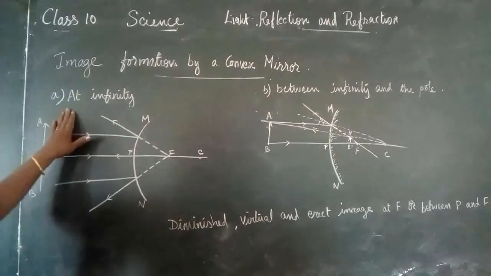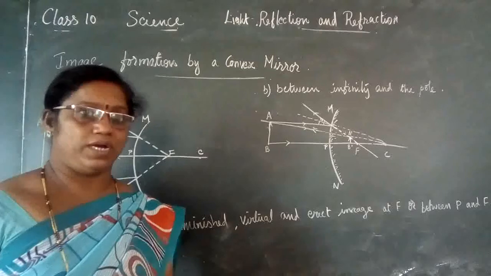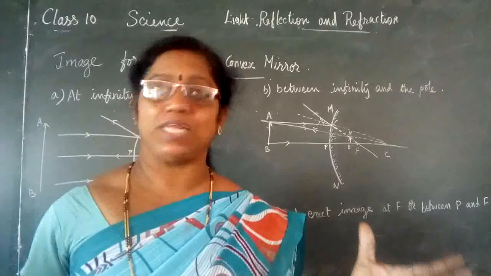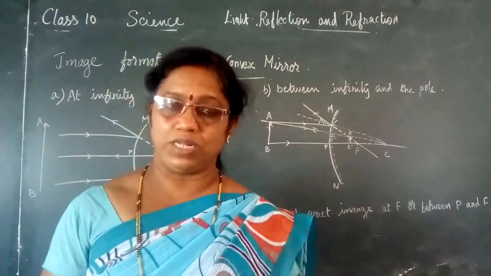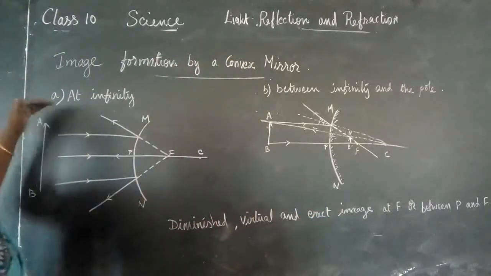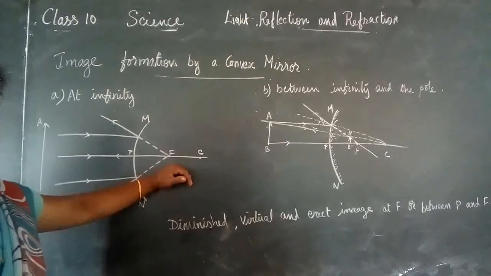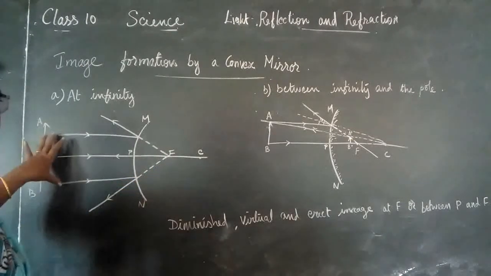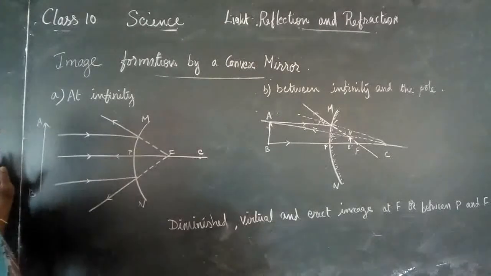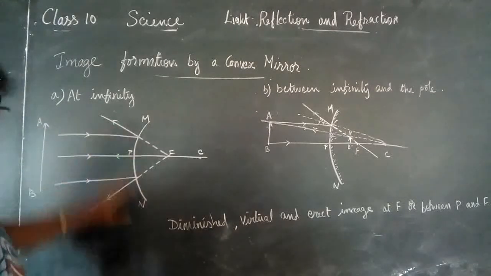That is number 1, when the object is at infinity. If you are going to focus a convex mirror at an object which is at a very large distance, then the image is got at the principal focus, because the rays which travel parallelly from the infinite object, in the case of a convex mirror, will diverge.